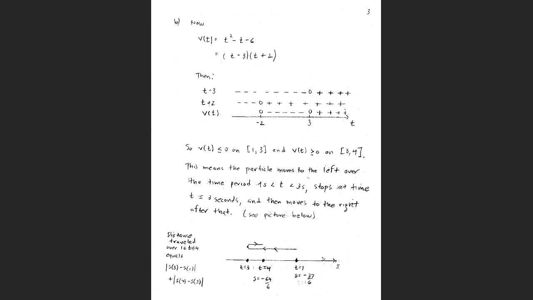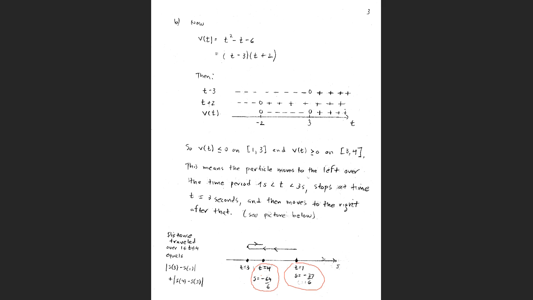So that's how I get this information here. Now, the distance traveled. The particle moves to the left, starting at t equals 1, right there.